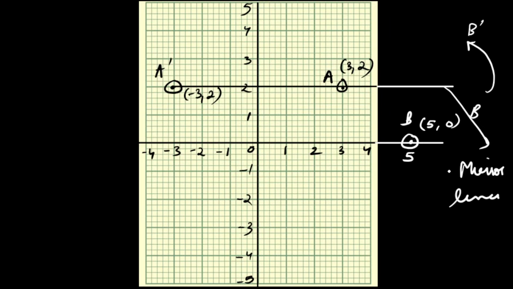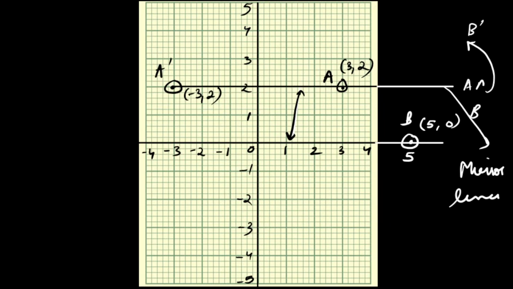So you have to see what is the distance between this point and this line. Here from 0 to 1 is 1 unit, 1 to 2 is 2 units. That means this point is at a distance of 2 units from this line, which is the line AA dash.